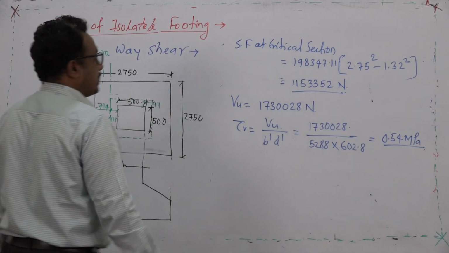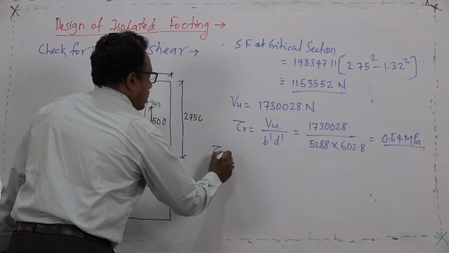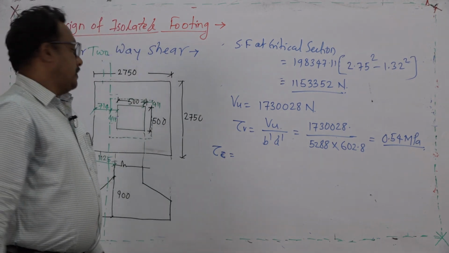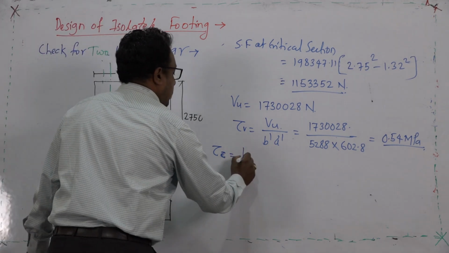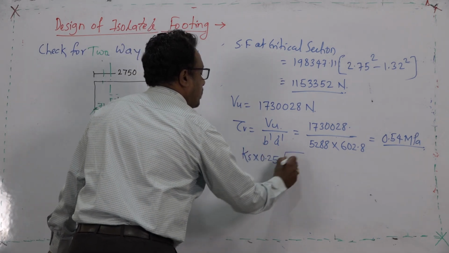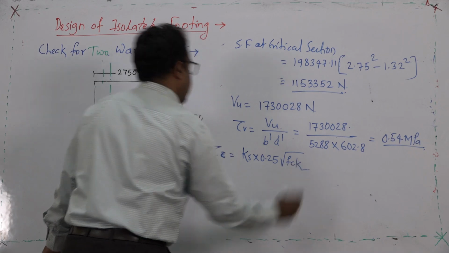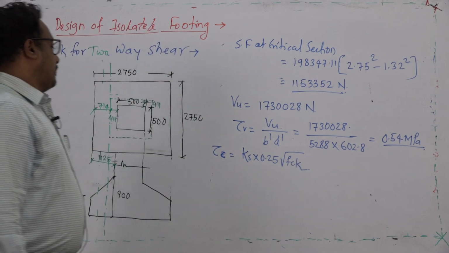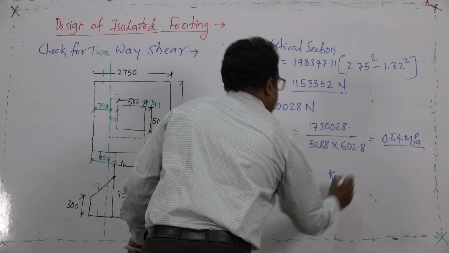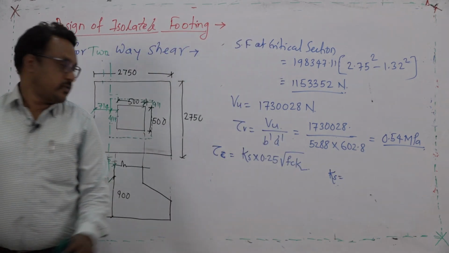And as I said earlier, the tau C, which is the design shear strength of the concrete, will be governed by the formula Ks into 0.25 into under root of FCK. So, this Ks is generally referred to as aspect ratio constant.